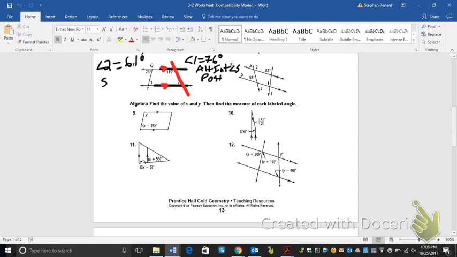We got that by going 180 degrees minus 119 degrees. So that's going to give us 61 degrees. And again, that's the same side interior angle. So that's where I got the 61 degrees from.